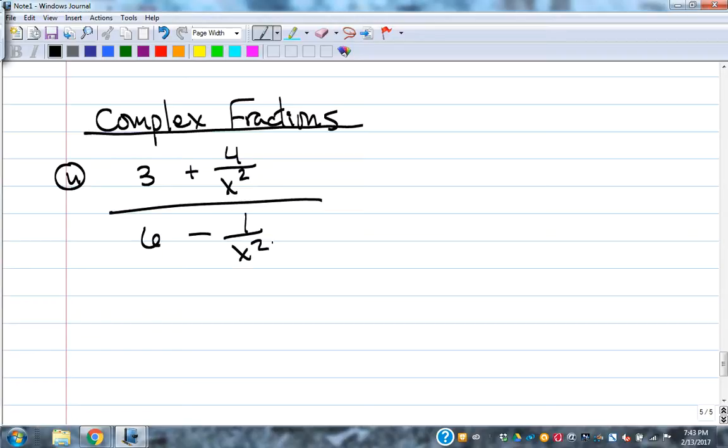So there's a complex fraction. You've got a problem up top, a problem in the bottom, and it's just one big fraction. So you need to work the top part, then work the bottom part, and then work the big fraction. Individual pieces.